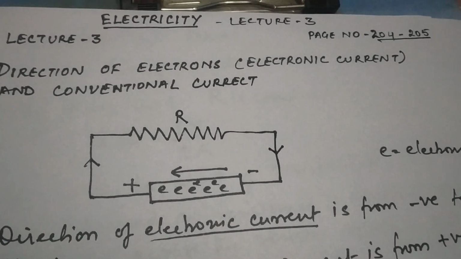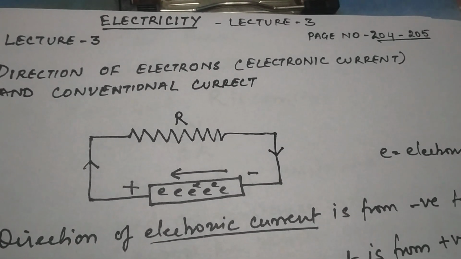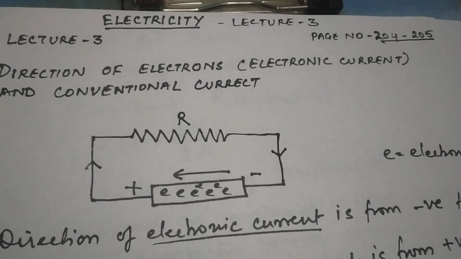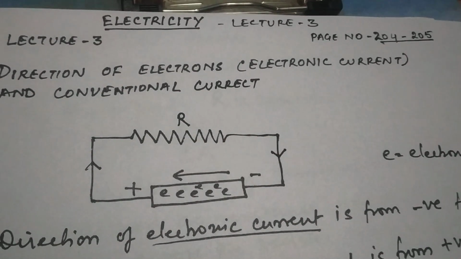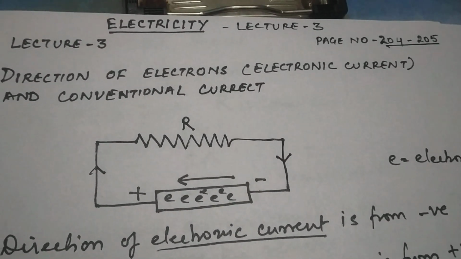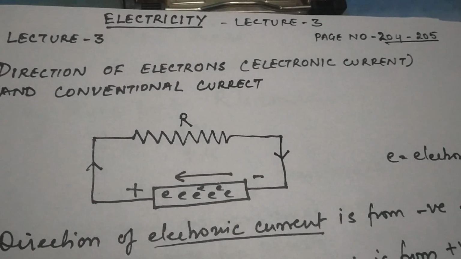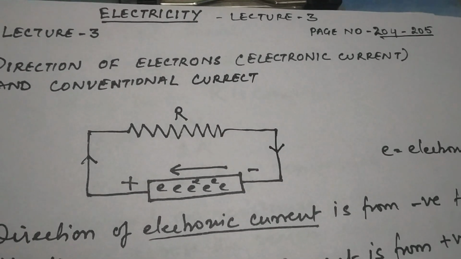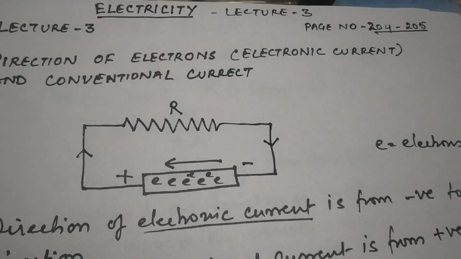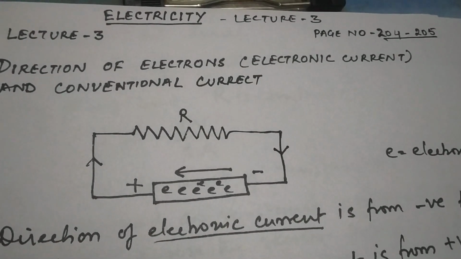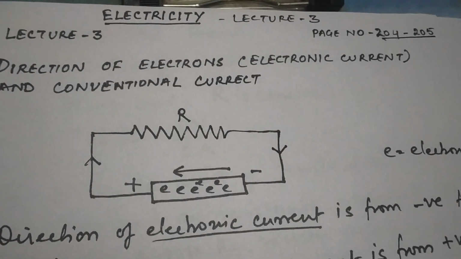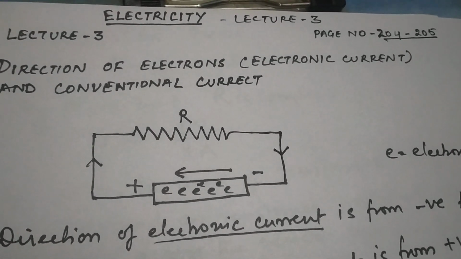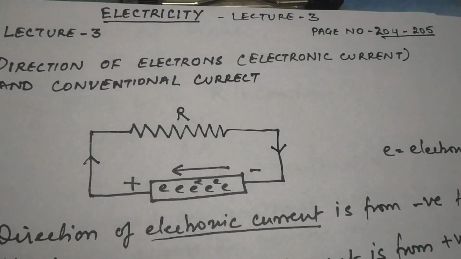Second, recapitulation, or recalling the topic of PD and resistance, and verification of Ohm's law that we have already understood in the last lecture. We'll take it in a more clear way in this lecture. Let me be more clear about all this content.